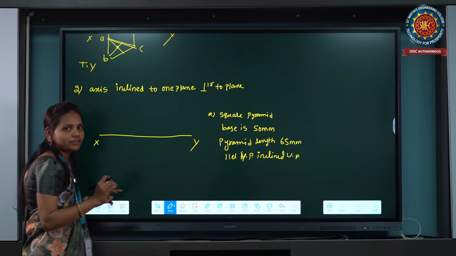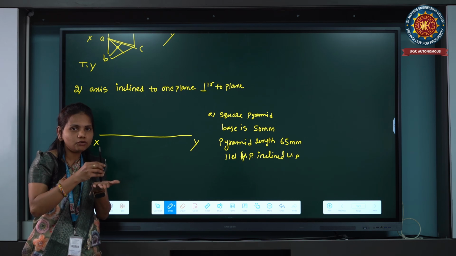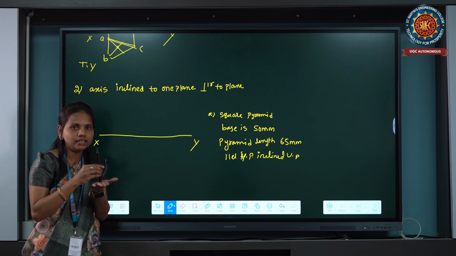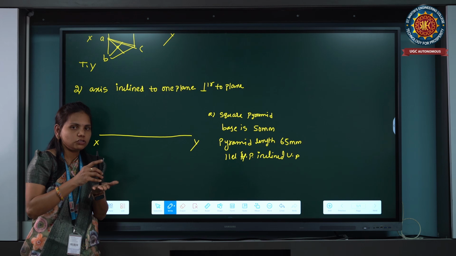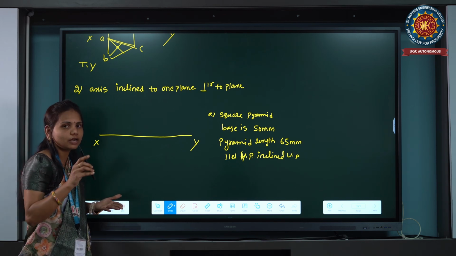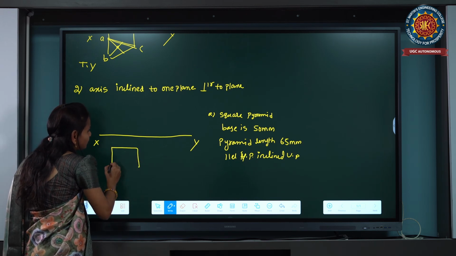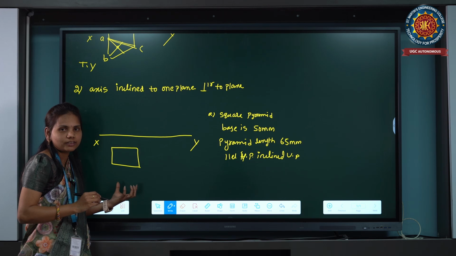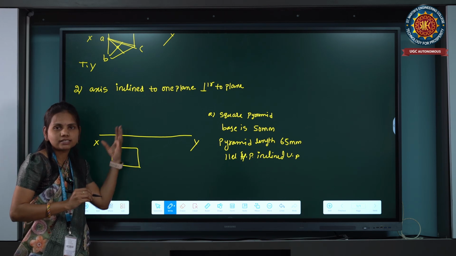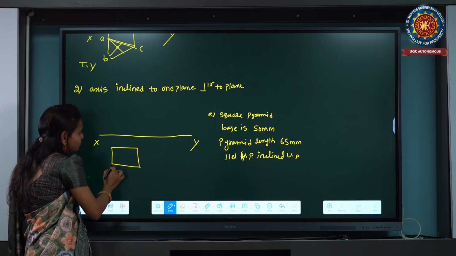So for example, axis parallel to VP means this is the position of the square pyramid. Here we are observing the total object in top view. So we should draw the diagram of the square pyramid. Draw the top view, with the reference line below the top view and above the front view.